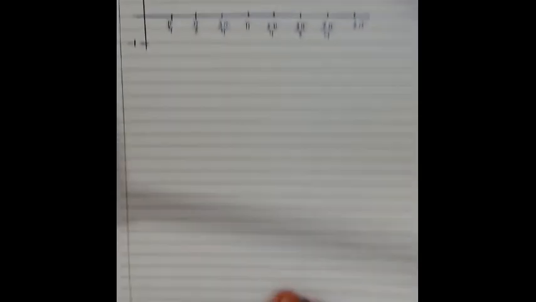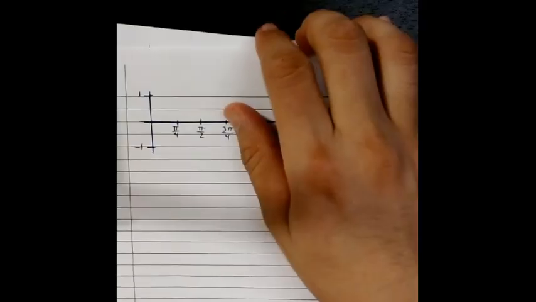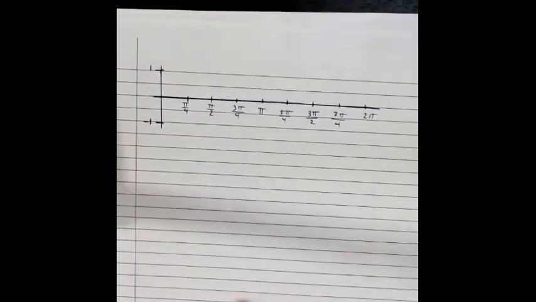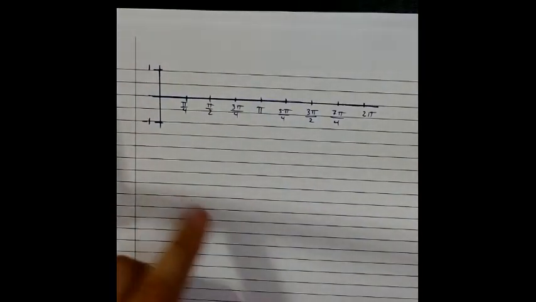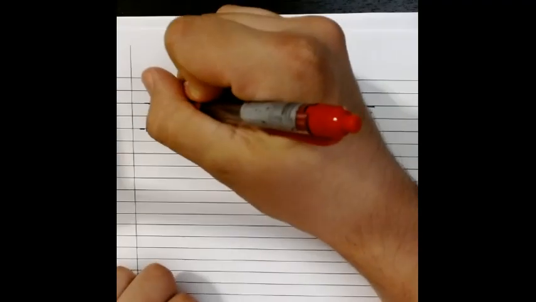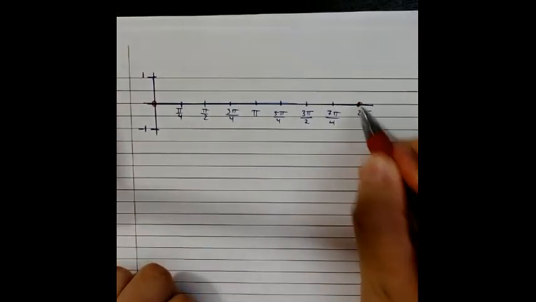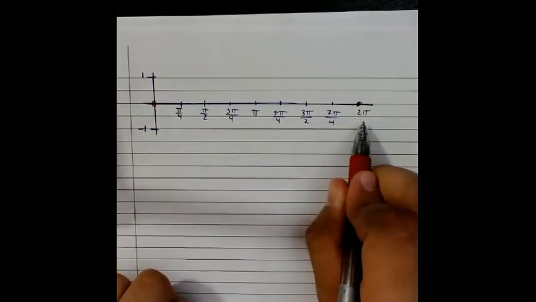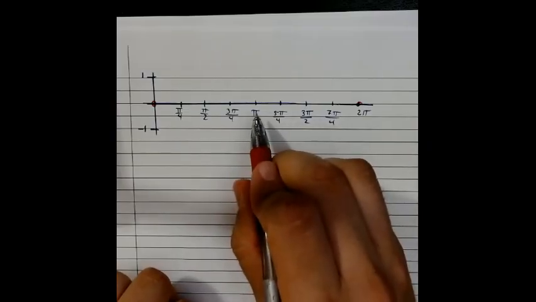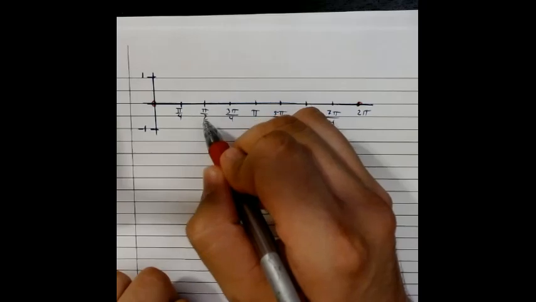So let's begin by graphing our unmodified function. Let me go ahead and just graph sine of theta so that we can compare. Sine of theta starts at the origin and it ends at 2 pi comma 0. It's going to achieve its maximum at pi over 2.